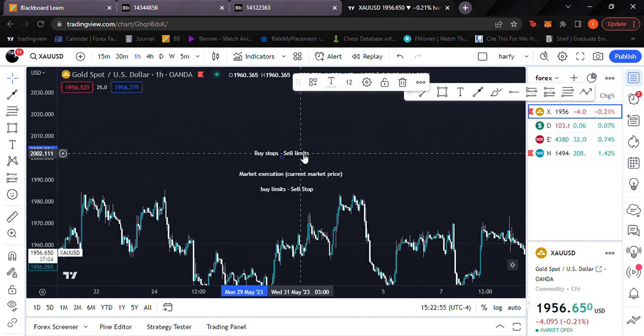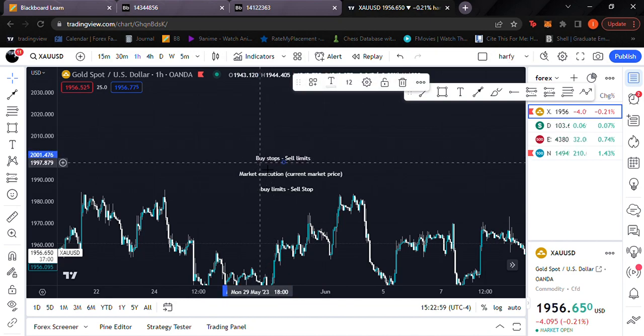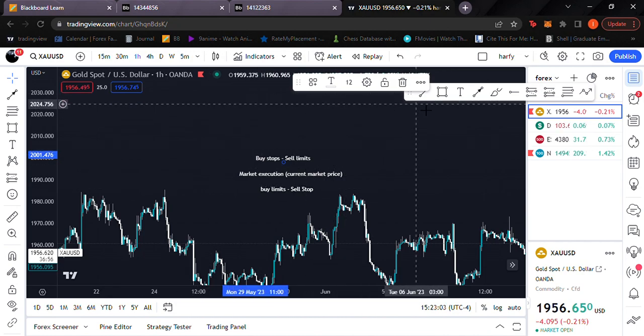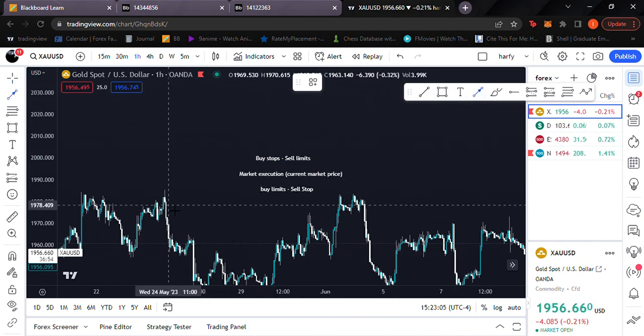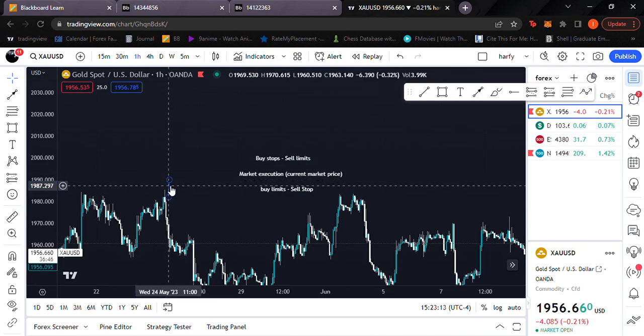And price comes up to either of these. So most of the time for buy stops, it will be a breakout structure. So for instance, this candle here, as soon as price breaks this candle here, you'll be sent into the trade, barring spread, probably sent up around here.